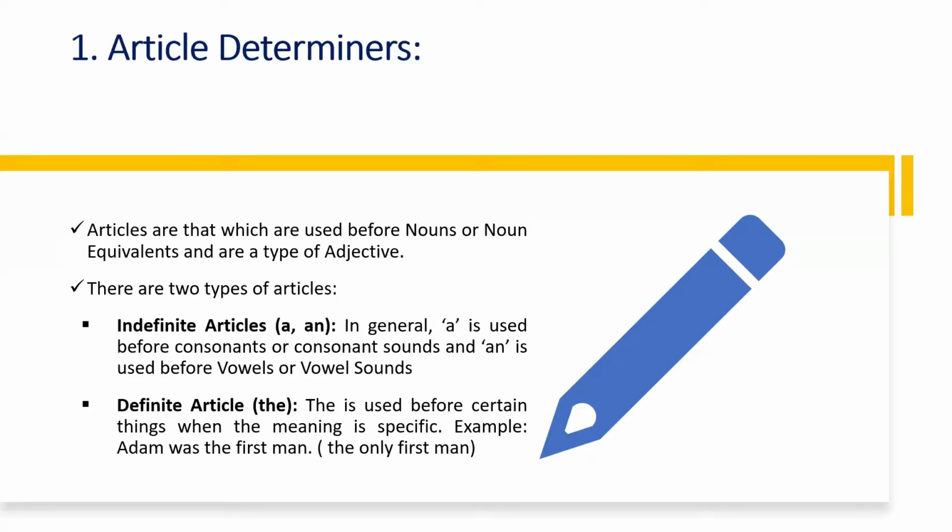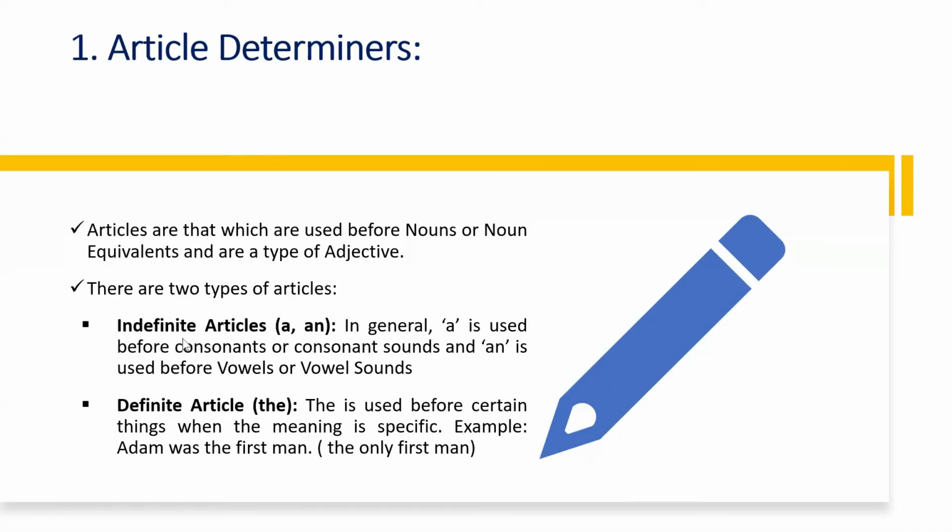Number one, article determiners. Please understand. Articles are that which are used before nouns or noun equivalents and are a type of adjective. There are two types of articles.